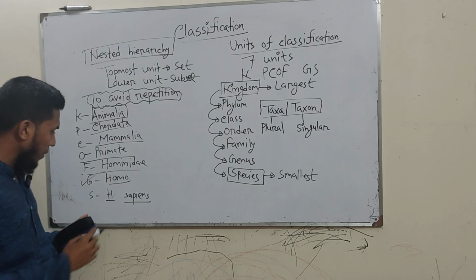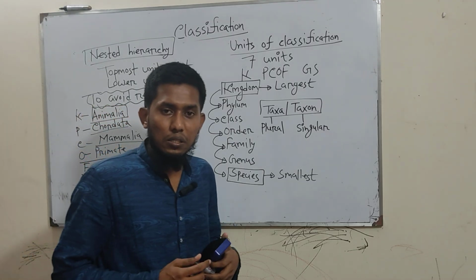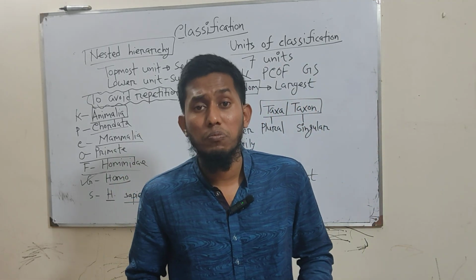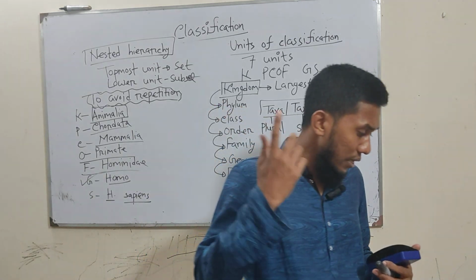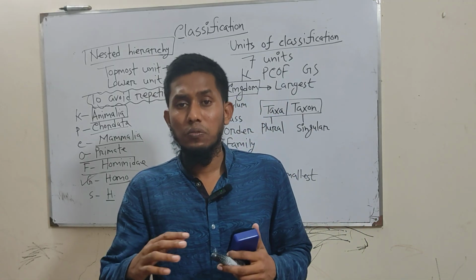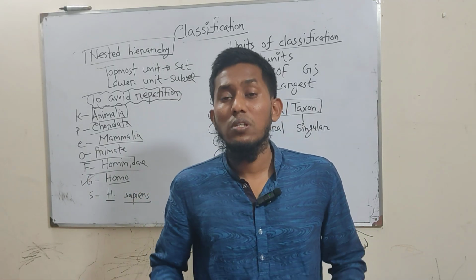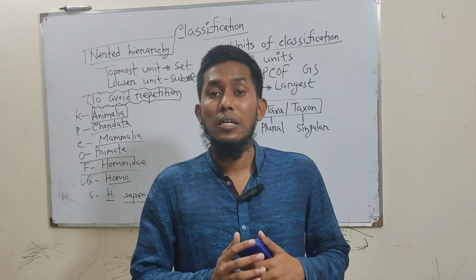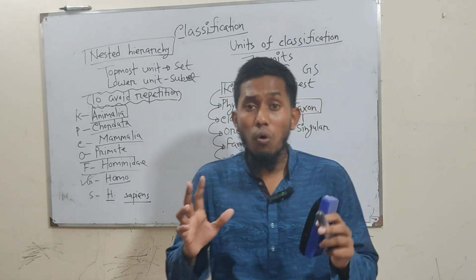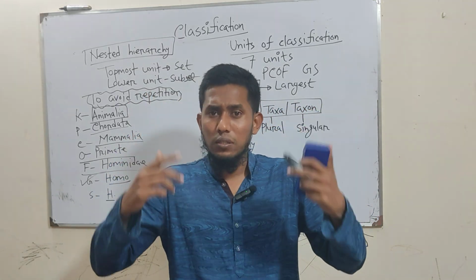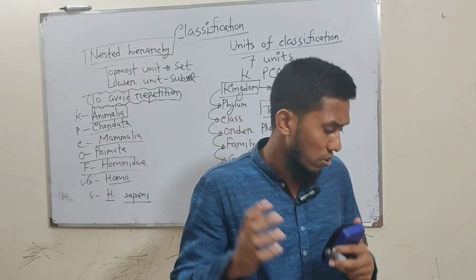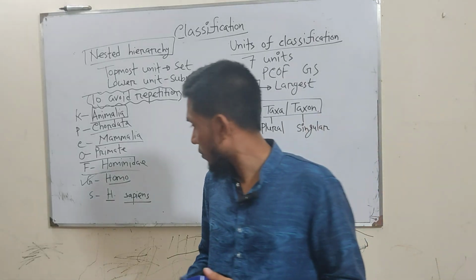Why does man belong to the genus Homo? Because our brain is comparatively bigger than our body, and we can walk erectly by using our 2 feet. Now the last one.